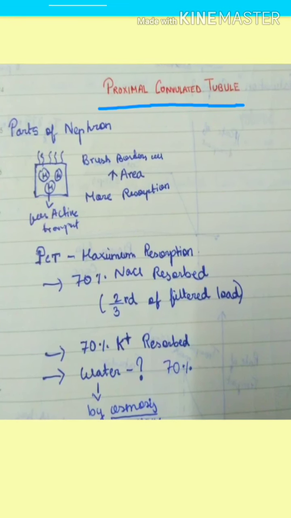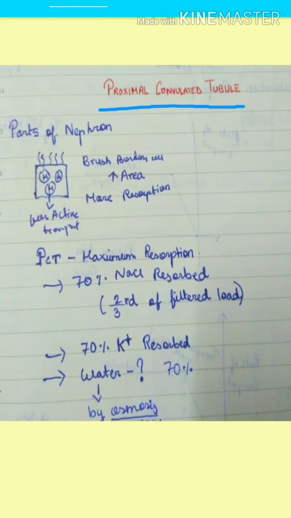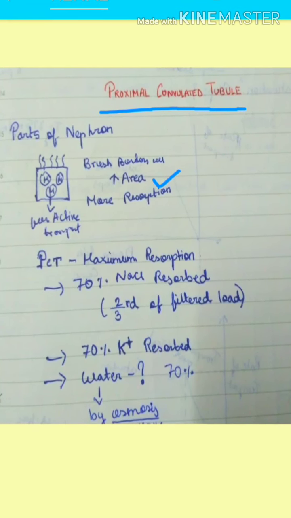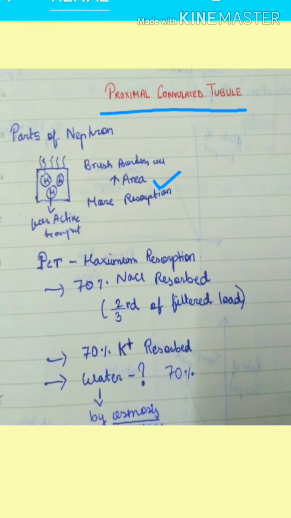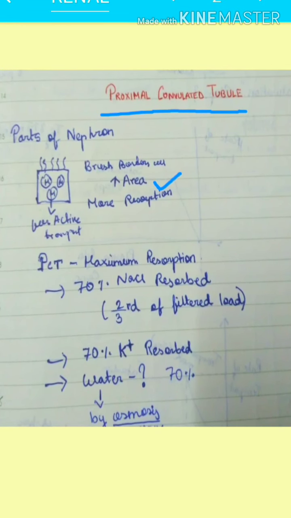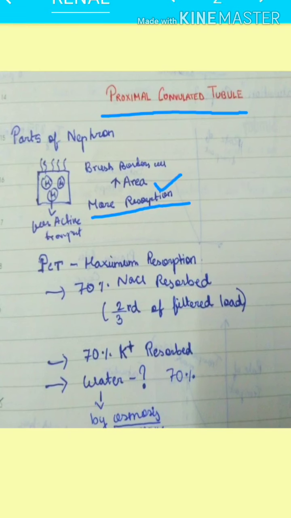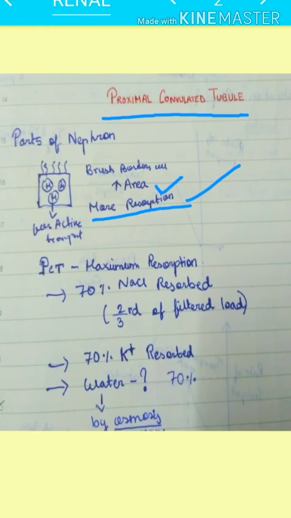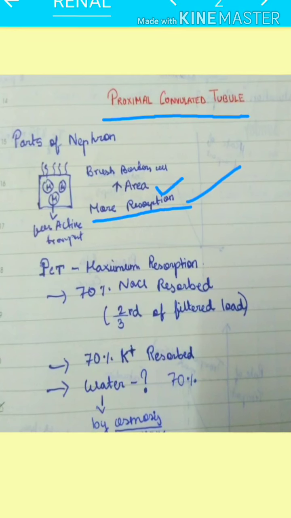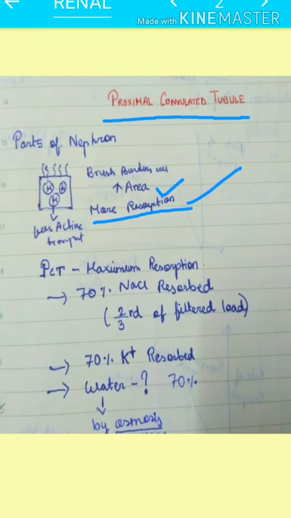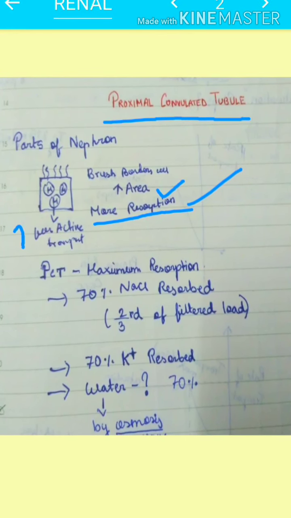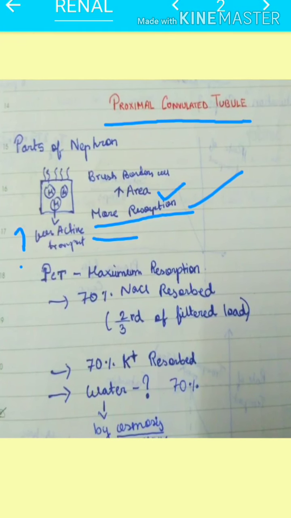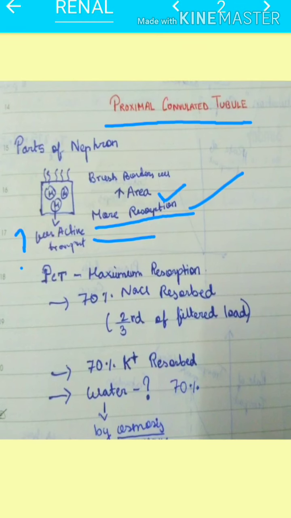PCT cells are brush bordered cells, and they help in increasing the surface area for having more resorption. So it is an important point. And the second point is that PCT cells have increased mitochondria. Why? To have active transport.